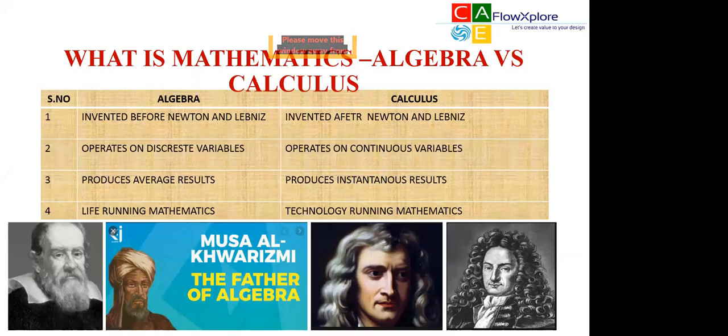When Newton sat under the apple tree, when the apple fell, he thought why is the apple falling? Why not the moon? He had two questions. Why is the apple falling? Why not the moon? With that question, he invented gravity. He took nearly 28 years to find gravity. And the second question is, he threw the apple back into the air, and the apple was continuously moving up and up and up.